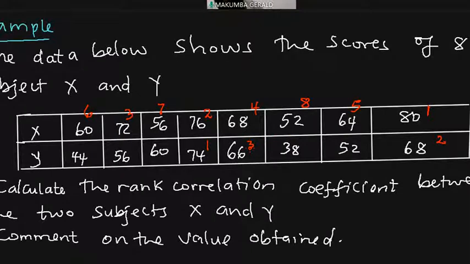Followed by 60, rank number 4. Followed by 56, rank number 5. Followed by 52, number 6. Here, rank number 7. In this case, position is the same as ranking.